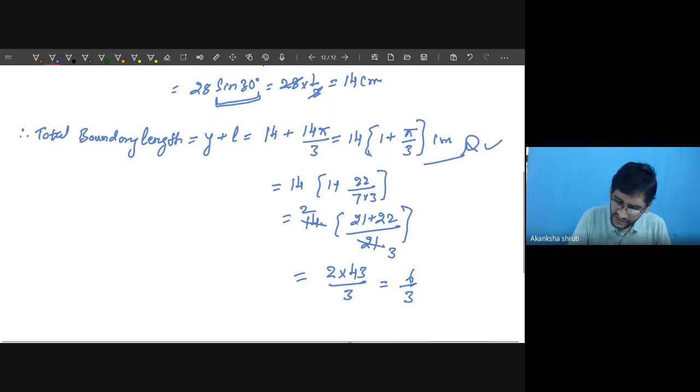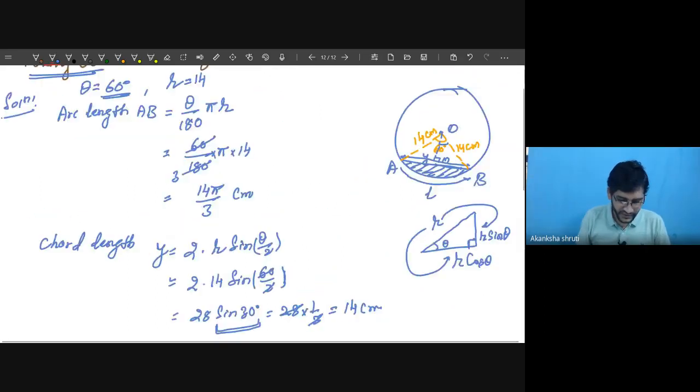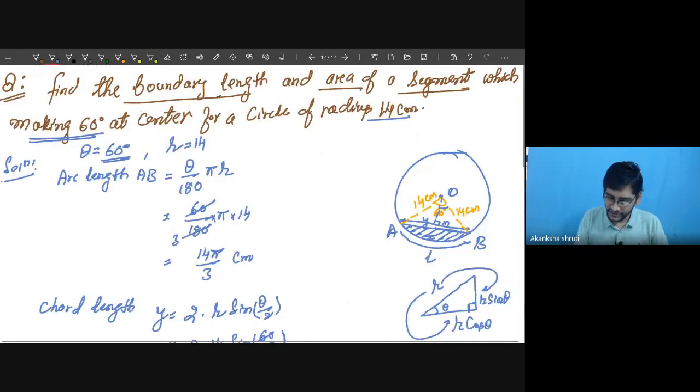Okay student, this way you have to get the answer, this many centimeters, or in decimal up to 2 or 3 decimal places you can write, you will get the same thing. So it was all about calculating the boundary length. Just understand the concept of how we are calculating, and you can get it.